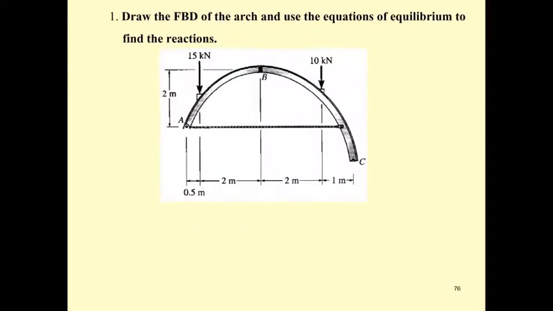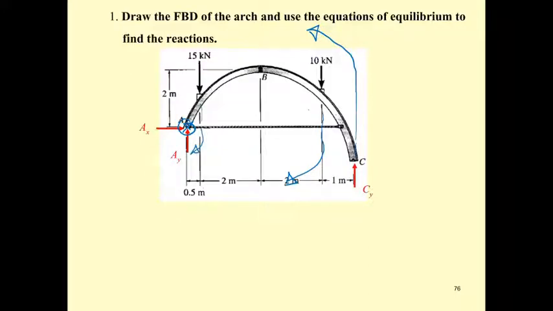Okay, let's start. As you may know, we have three equations of equilibrium, and usually we take the moment at the point of maximum unknowns. So take moment here, and you may have this C sub y going to rotate counterclockwise, and this one going to rotate clockwise, and this one also going to rotate clockwise.